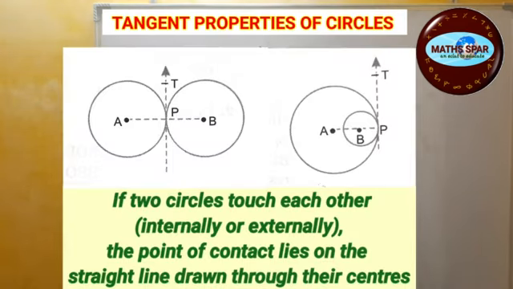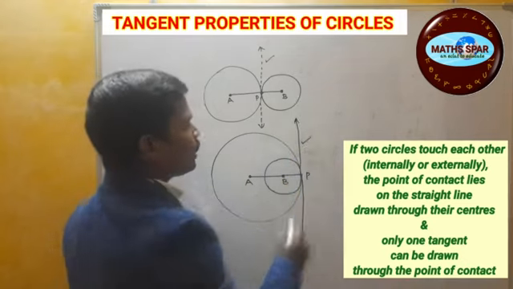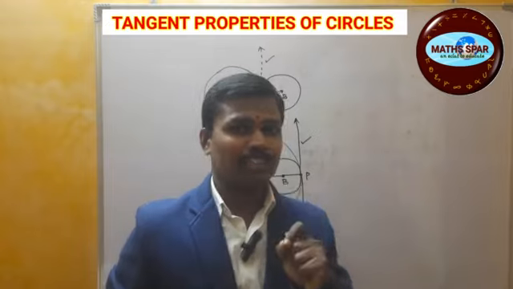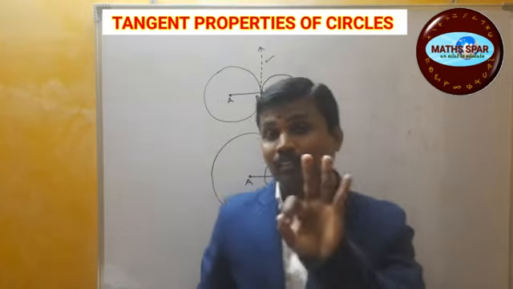So, when two circles touch each other internally or externally, the point of contact lies on the straight line drawn through their centers, and one and only one tangent passes through the point of contact. Now, let us look at the third theorem.